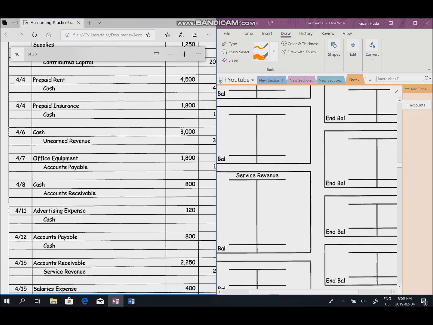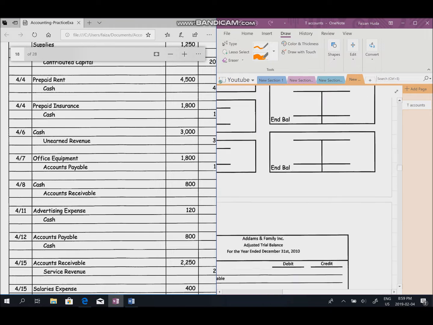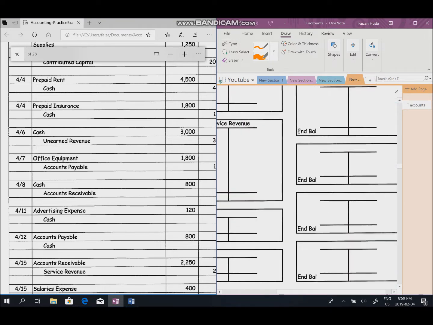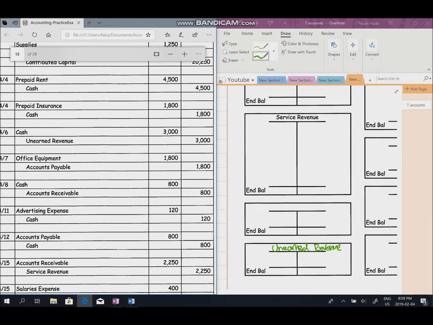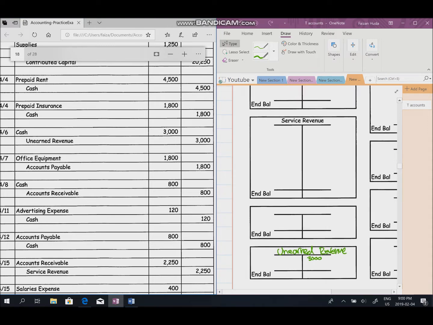Let's see if the unearned revenue account is given, or else I'll make my own. It looks like it's not given, so I'm going to make one in the end over here. Unearned revenue, and it's credit. So $3,000. So I'm done posting April 6th.